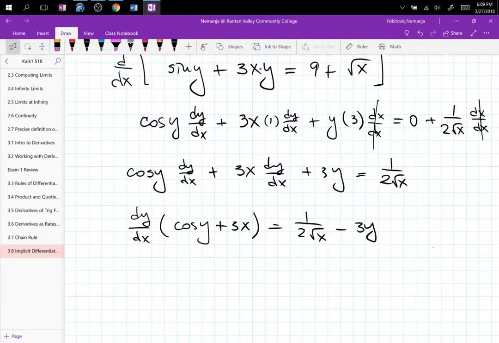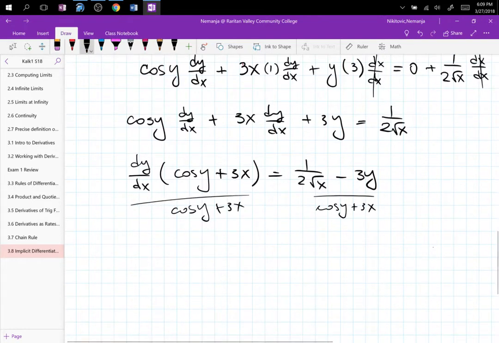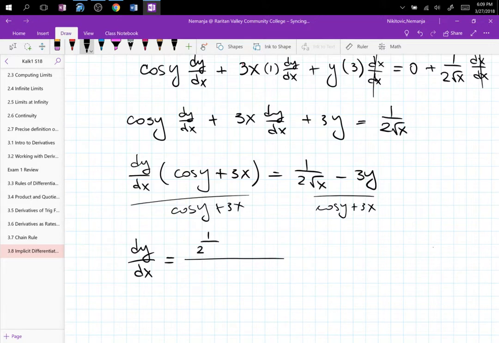And now I divide through by cosine y plus 3x, and then we're good. Cosine y plus 3x, cosine y plus 3x, and this is what I get. dy dx is equal to 1 over 2 root x minus 3y, over cosine y plus 3x. And this would be done if it wasn't for the double fraction, right?